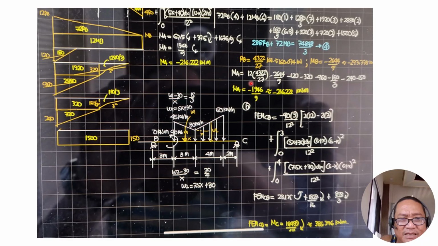So MA is equal to 12 RB, 12 times 4022 over 27 plus MB, this is MB which is negative 2644 over 9, then minus 120 minus 320 minus 960 minus 160 over 3 minus 240, then minus 150.